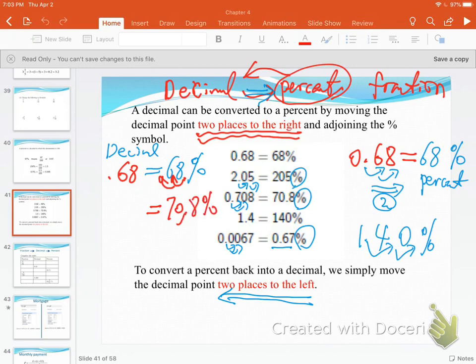Change this to decimal, move it to the left twice, you got 0.708. So that's the relation between decimal and percent. And we already know how to change decimal to fractions and fractions to decimals. So we can change between these three things.